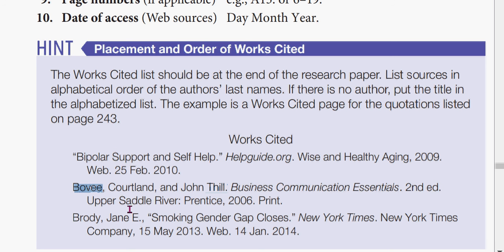So in the paragraph, I'll put in parentheses, Bovey and Thill. Up here, though, I have to put the complete title of the web page in the sentence, in the paragraph, to say where I got this.